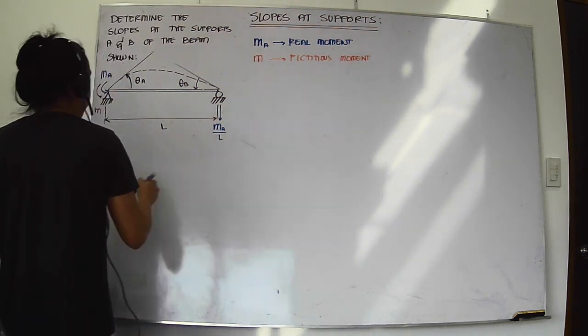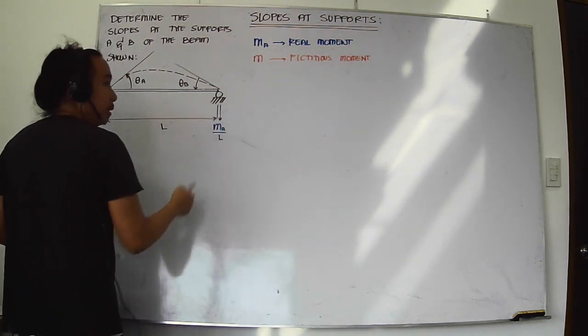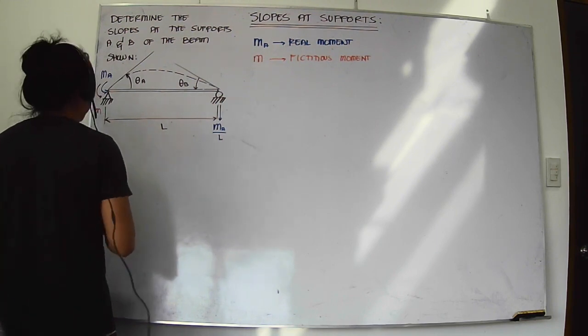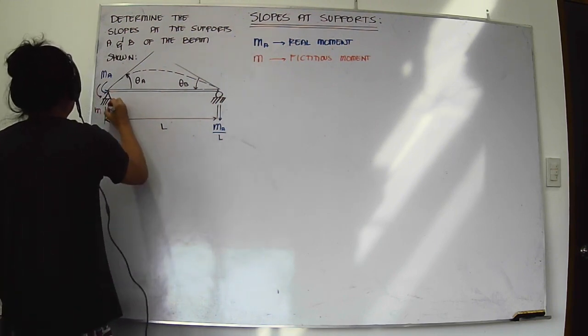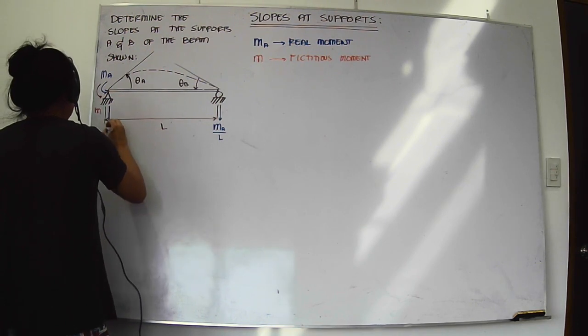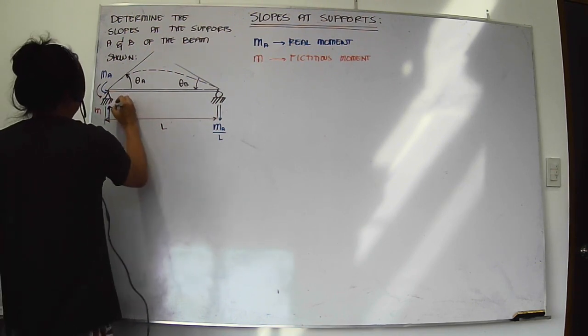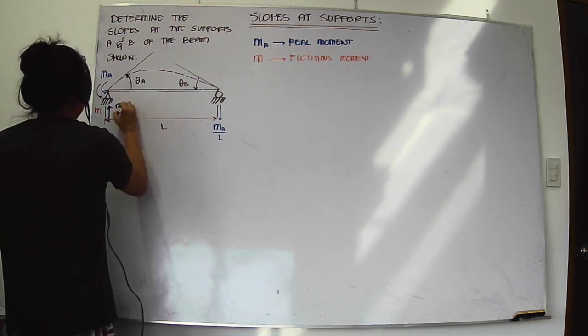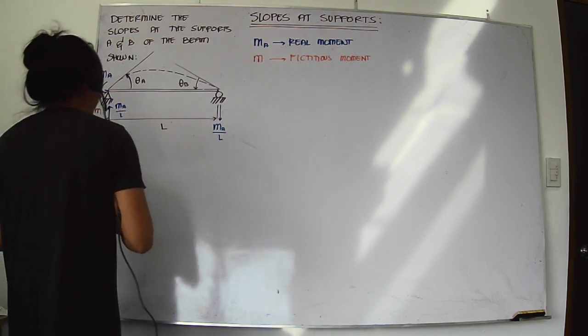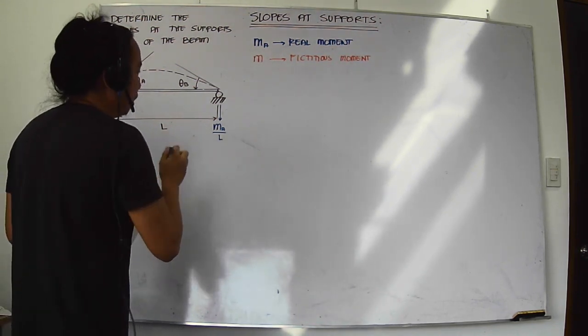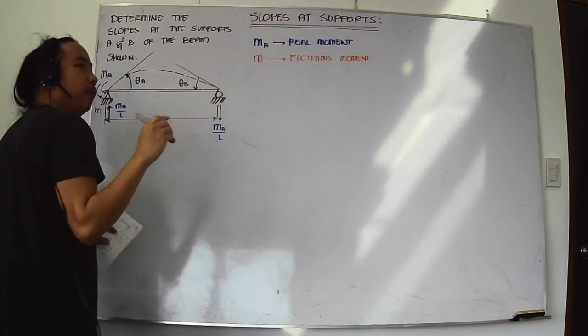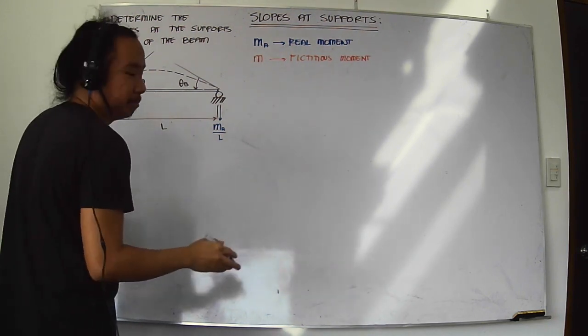Now, for equilibrium, we have a load that's going down, so we need a load going up to retain equilibrium. That is equal to MA over L going up minus MA over L going down, that is 0.